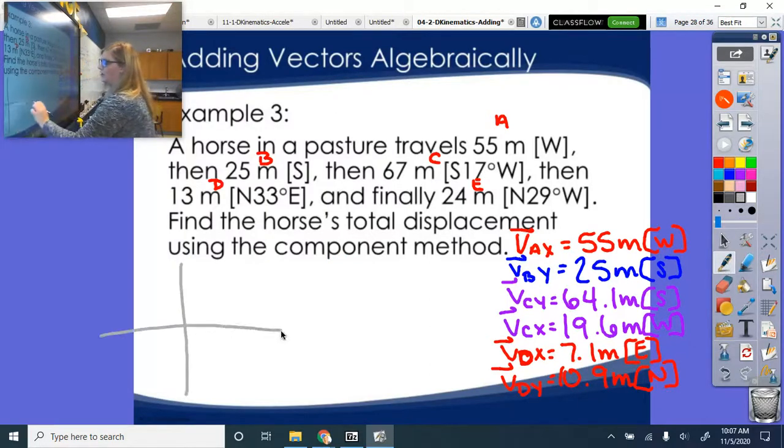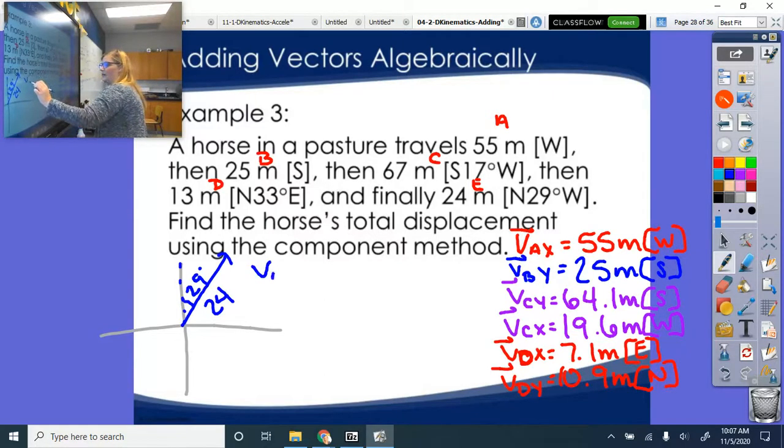So now, for part E, I'm going 24 meters north, then 29 degrees west. 29 degrees, and it's going 24 meters that way.